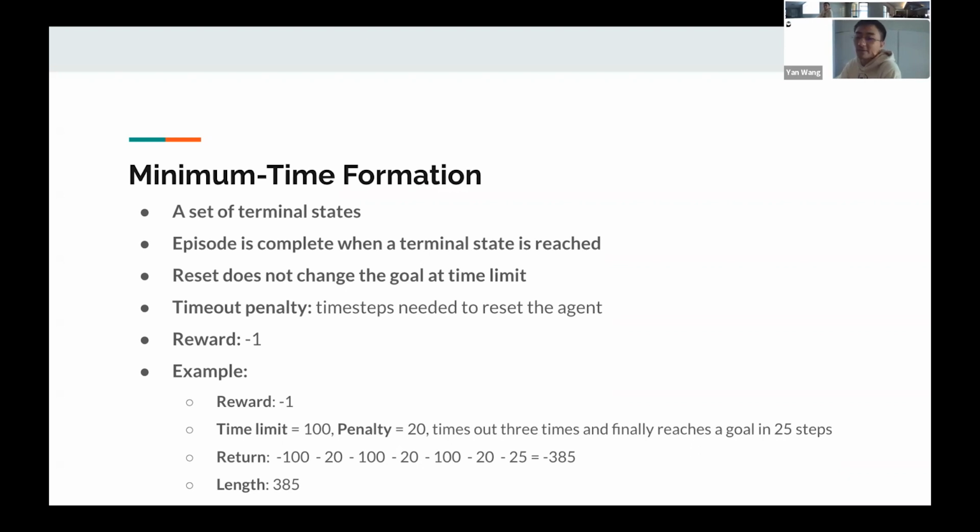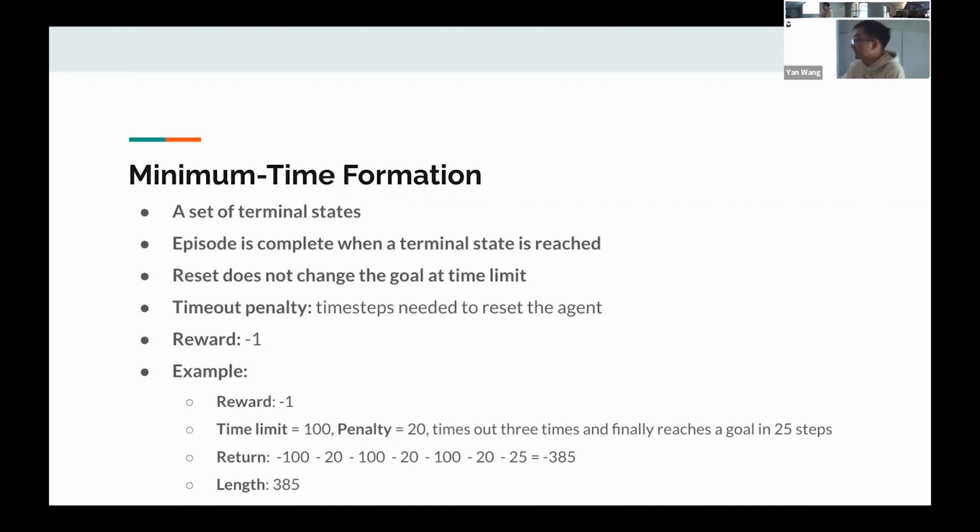Since resetting the agent has an associated time cost in the real world, we penalize the agent when it fails to reach the goal state within the time limit. The penalty can be the number of time steps required for resetting the agent. The reward is -1 or can be any other negative number.